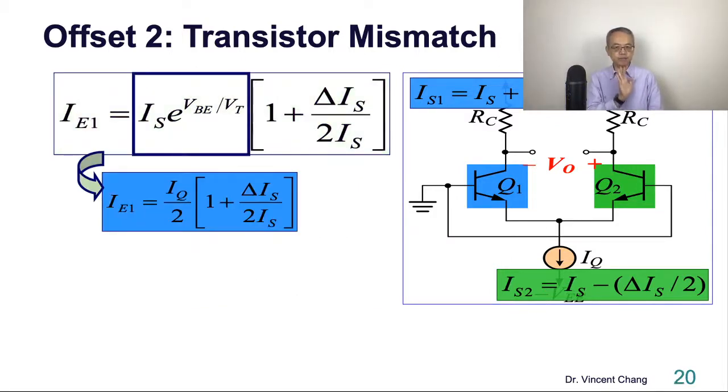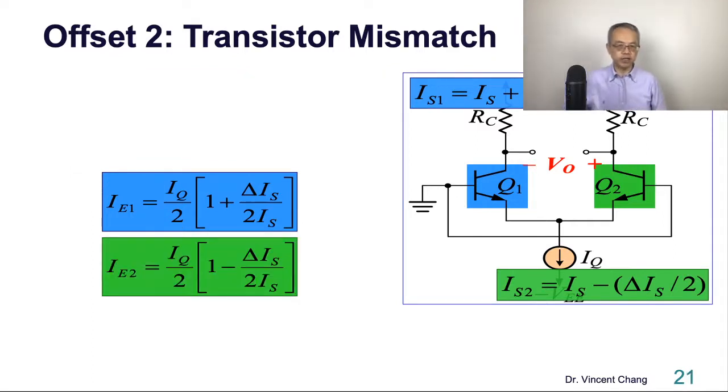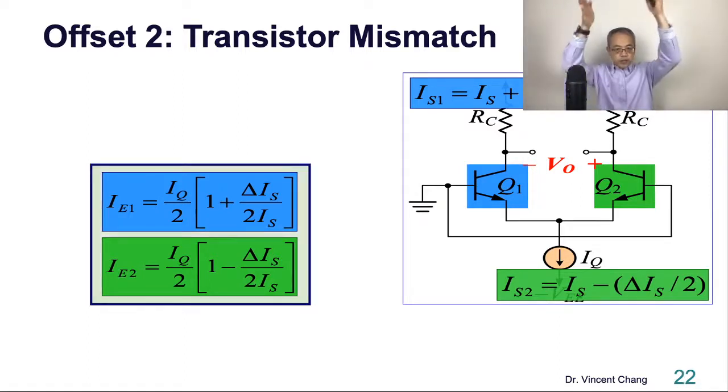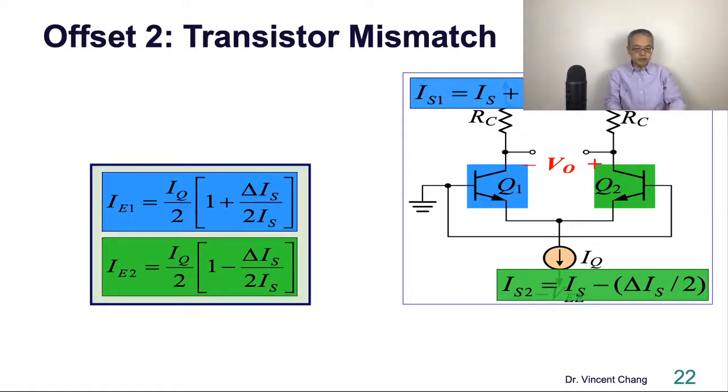So the first item is the ideal half IQ, IS exponential VB divided by VT. By the same token, the current on the right-hand side is expressed in a similar way. If you get the two emitter currents, it's very easy. Then it's your job to get the two collector currents and the two collector voltages.